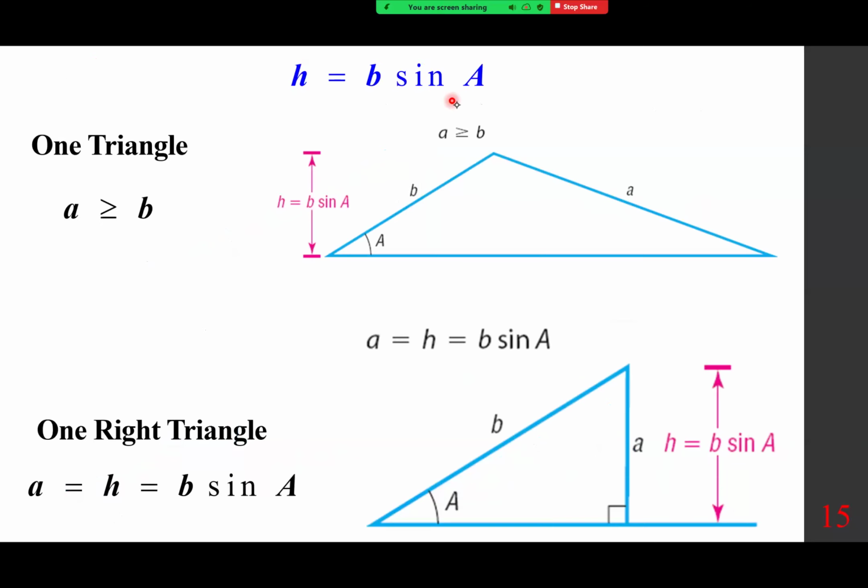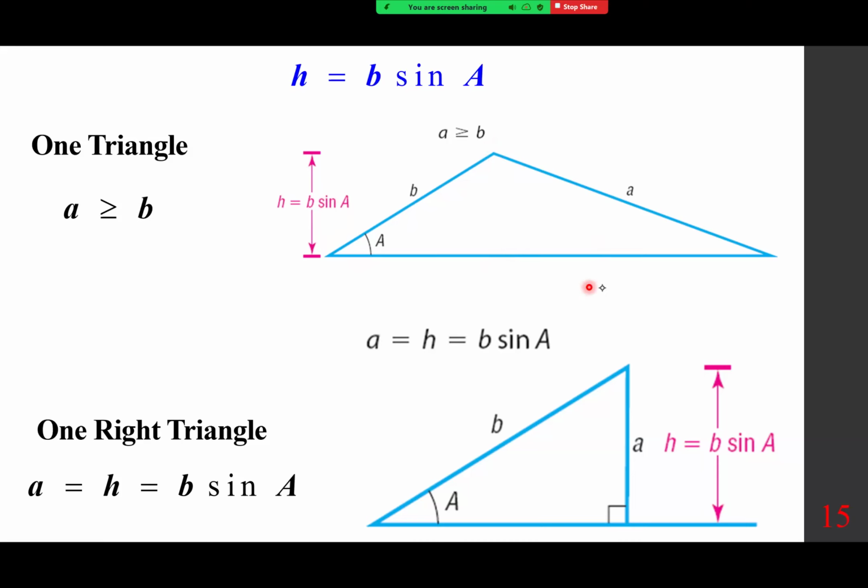So H is B sine A. We showed that H is equal to B times sine A. And if A is larger than or equal to B, then this H, which is B sine A, there is no way to have more than one triangle.